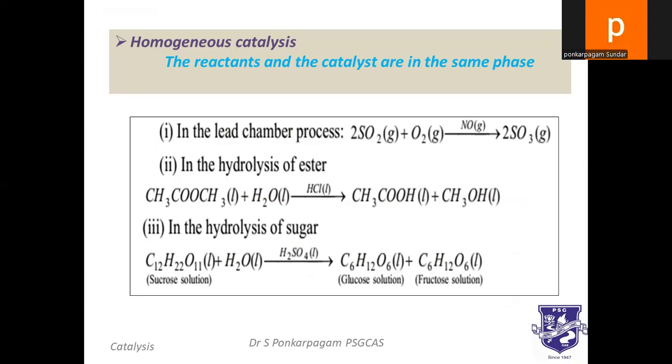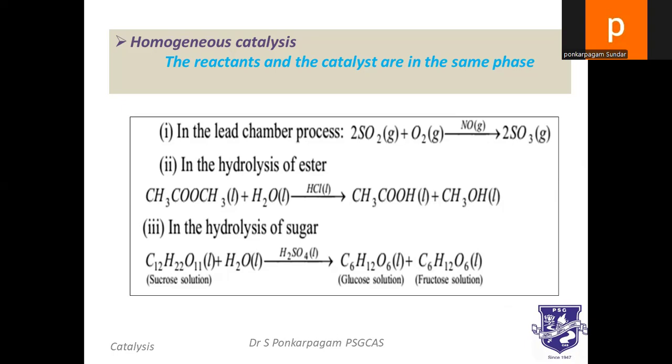For example, in the lead chamber process there is sulfur dioxide and oxygen. Both are in the gas phase. And the catalyst is nitrogen oxide. This is also in the gas phase. Here both the reactants and nitrogen oxide are in the same gaseous phase. That's why it comes under the category of homogeneous catalysis.